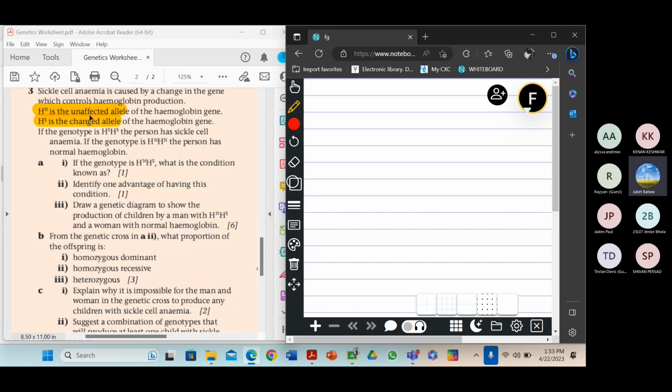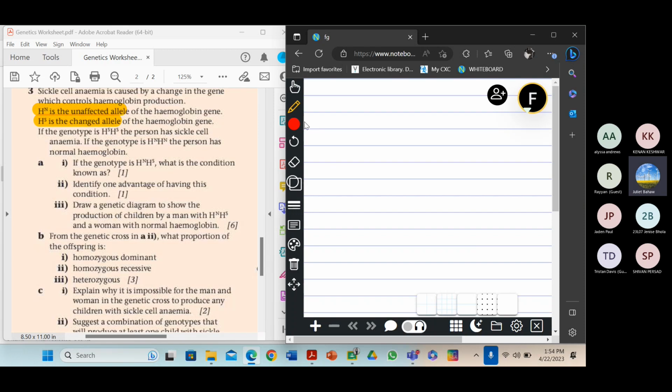They gave you the actual, no, capital H stands for hemoglobin. Hemoglobin is a protein where this allele is found. So it's just like a symbol, right? So that is what you have to use. So here we go. If the genotype is NS, what is the condition known as?